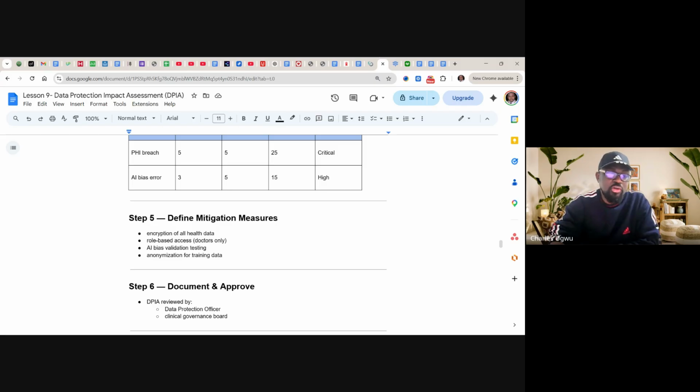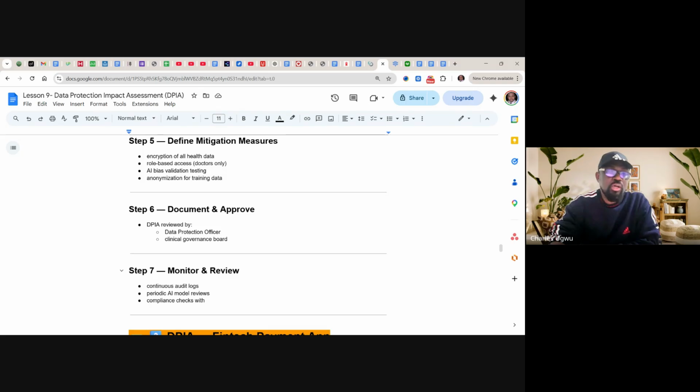Once this is done, document your work and seek approval. DPIA review: Data Protection Officer and Clinical Governance Board.